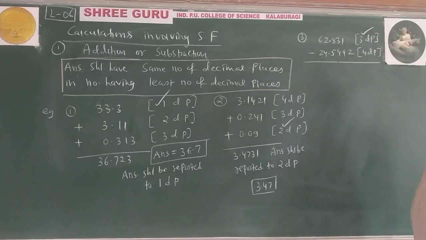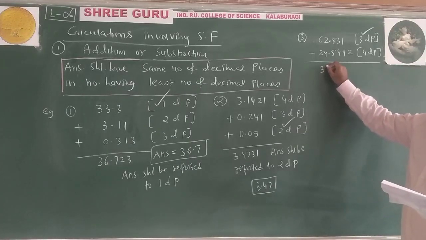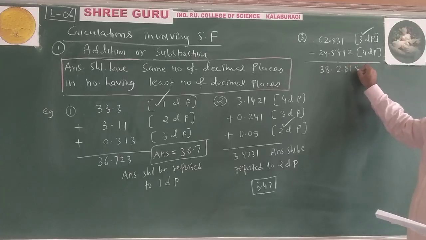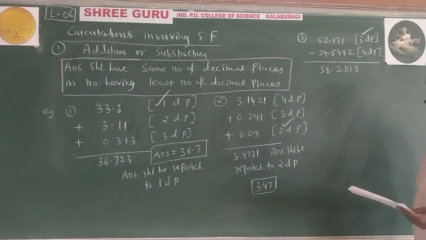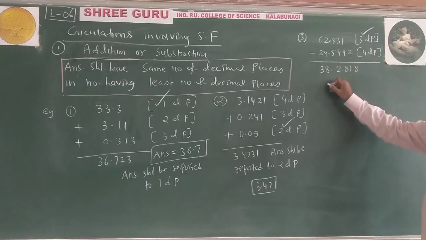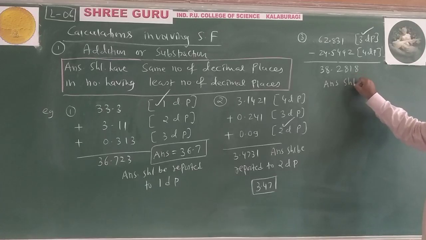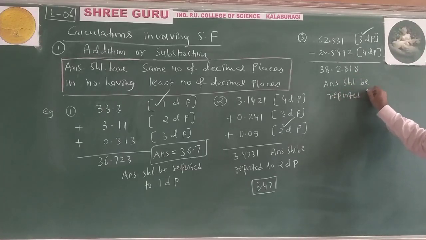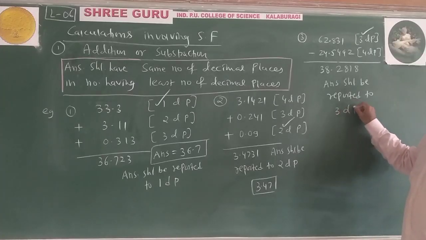Least is 3. The answer is 38.2818. The answer should be reported to 3 decimal places.